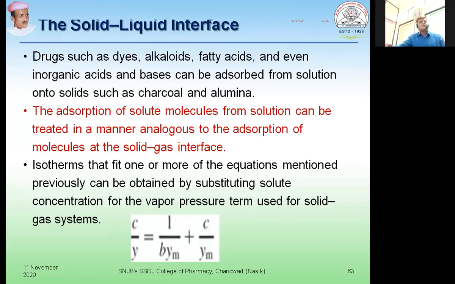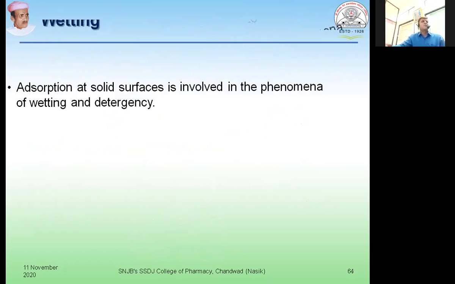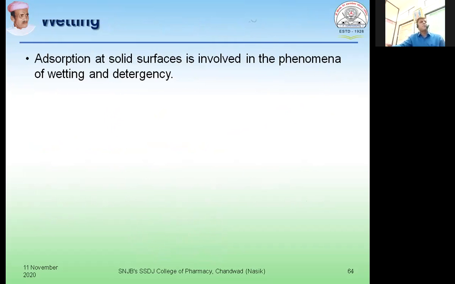Ym is the maximum amount of solute, or saturation amount, that will saturate the given adsorbent surface. B is a constant. So the equation is very similar to the equations we discussed for the adsorption of gases onto solid materials.